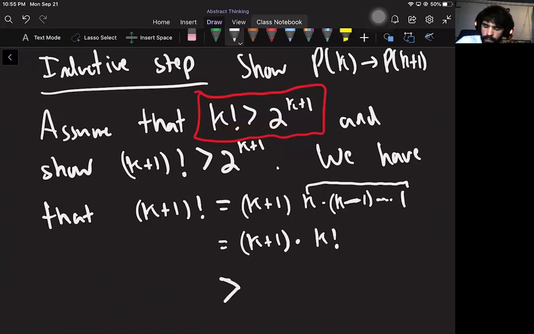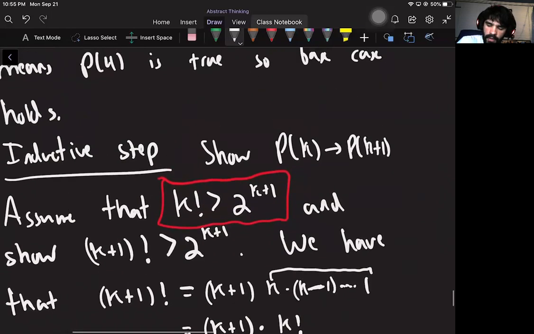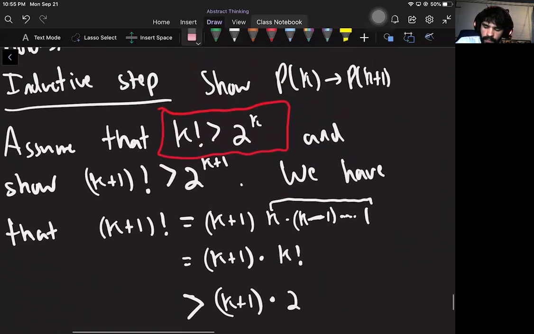Bigger than K plus 1 times, well, because K factorial is bigger than 2 to the, oops, sorry, why did I put a plus 1 a long time ago here? This is the problem with videos instead of live lectures. In a live lecture, you would have stopped me and said, fix that typo. That's just a K there. I don't know why I did that. Okay, I was thinking too far ahead.